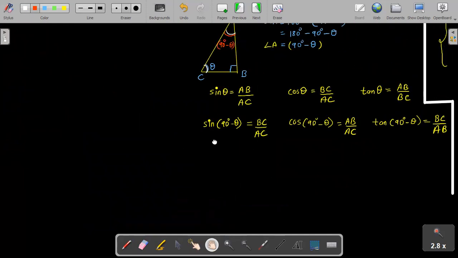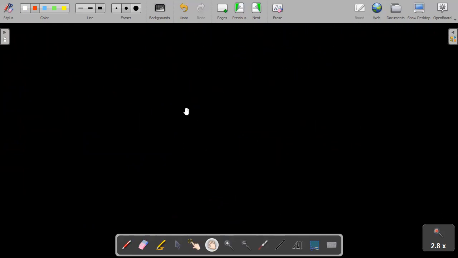In the next concept, we will talk about some more ratios. Now, this is the trigonometry ratio which includes 30 degree, 60 degree and 90 degree.